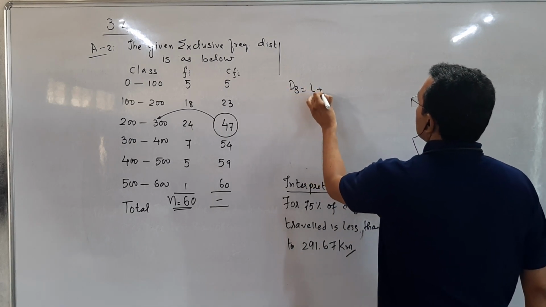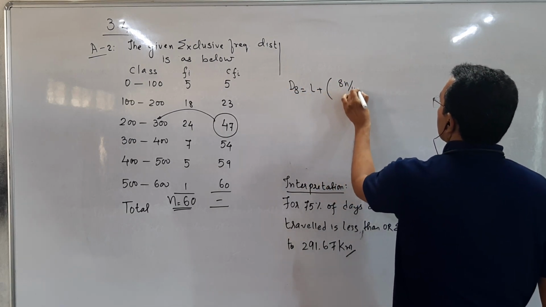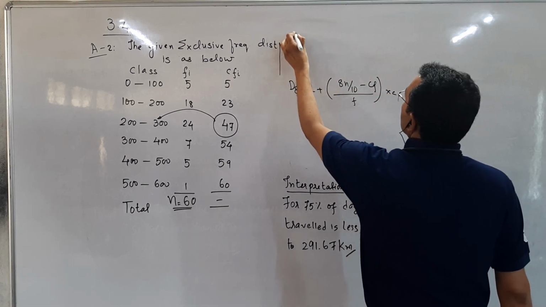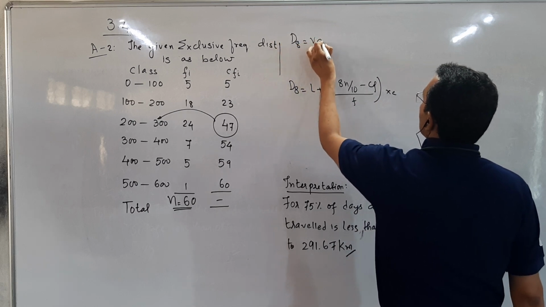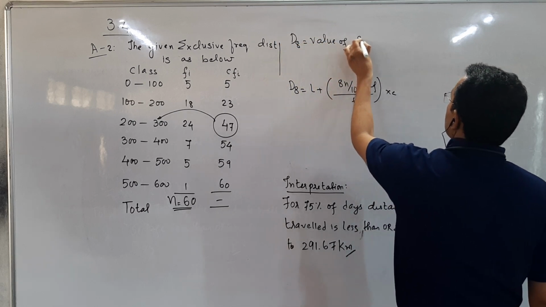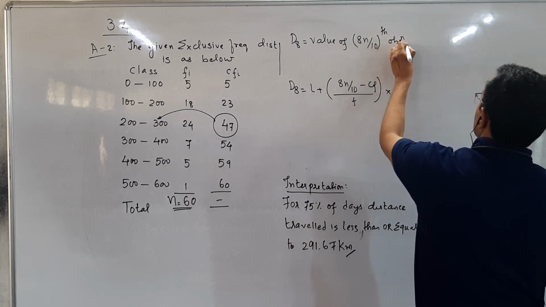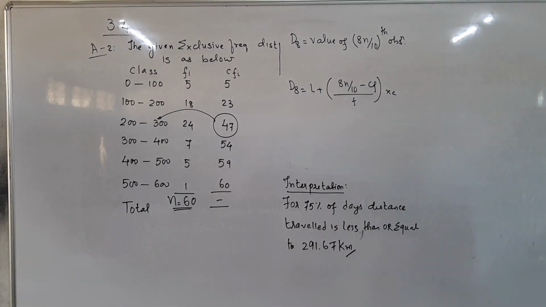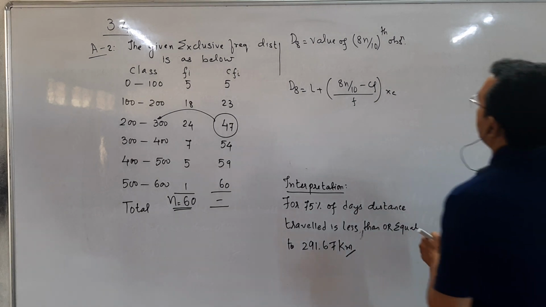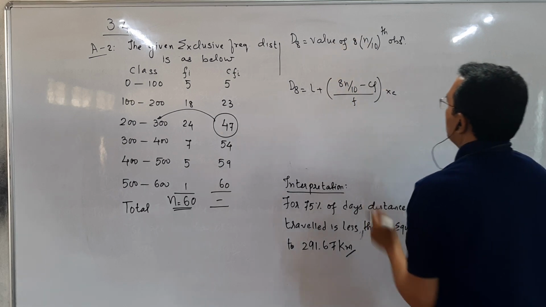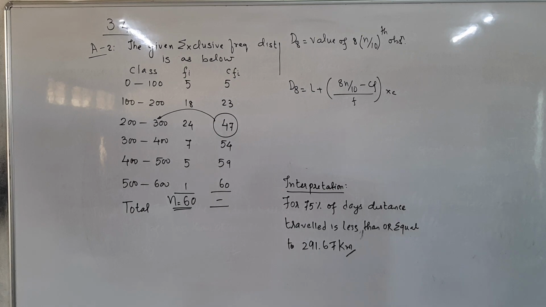D8 is equal to L plus (8n by 10 minus CF) upon f into C. So D8 will be the value of the 8n by 10 observation. Even I can write 8 into n by 10. Okay, even if I write like this, it is correct students. Or 8n by 10 is also correct.